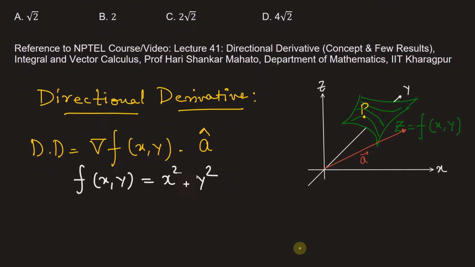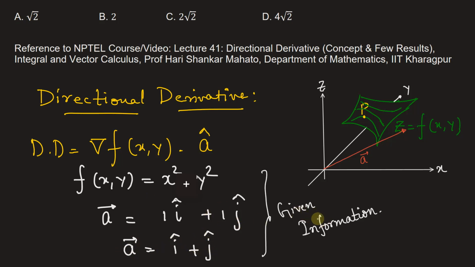So we can write the a vector as 1 i cap plus 1 j cap, or a vector is equal to i cap plus j cap. So these are the given information in the problem itself. Now you can pause the video here, and with the help of this given information and the concept explained above, you can try to solve this problem, and if needed, you can further see the solution.